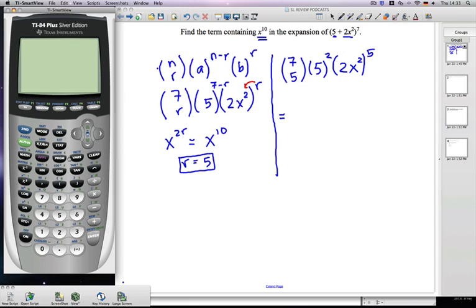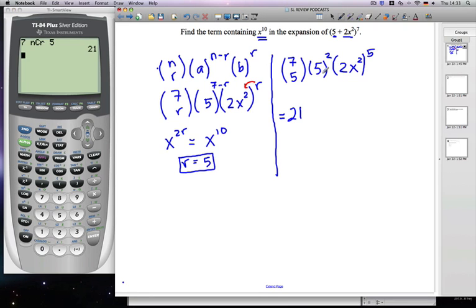And to do this, you're not ever expected to know how to do this without a calculator. So in one sense, you can always expect these to be on a calculator paper. But you type in 7, math, probability, and go down to 3, and 5, 21. And then 5 squared is 25.